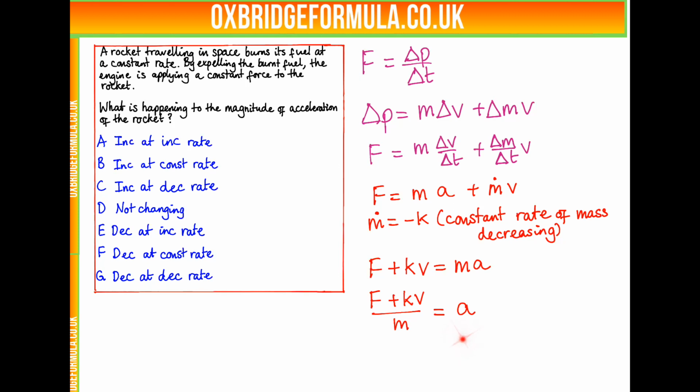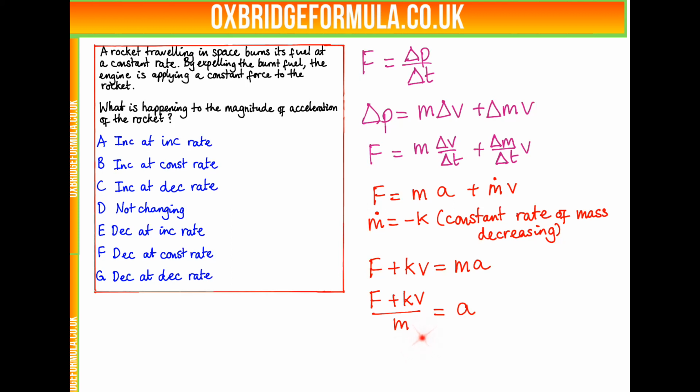Well, as it burns some mass, expelling that burnt fuel in another direction, then due to conservation of momentum the velocity of the rocket itself must be increasing in the forward direction. Imagine we're expelling mass one way, then the rocket's velocity must increase to compensate for the negative change in momentum of the other part. And we're also burning mass, so the mass will keep decreasing as well.